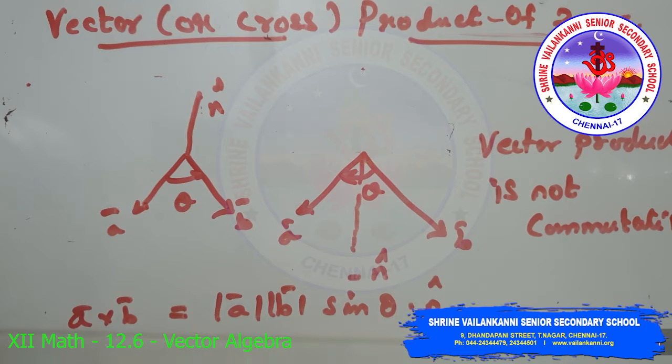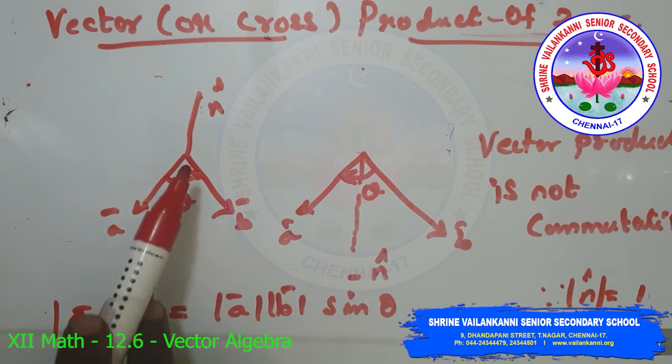Here A cross B is a vector quantity, and since n cap has magnitude 1, the magnitude of A cross B is equal to magnitude of A into B into sin theta.